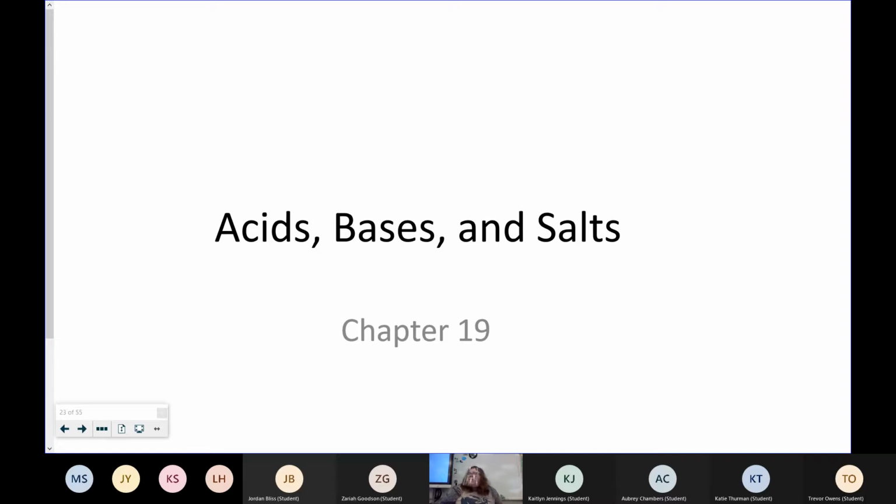Then we're also going to look at properties of acids. We might go a little bit further just so there's not as many notes for Monday, but we're not going to start with the calculations yet. Then we'll do a quick recap of things that are going to be on your quiz tomorrow, and then I'll set you guys free.